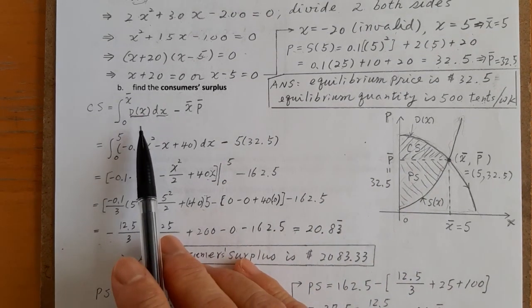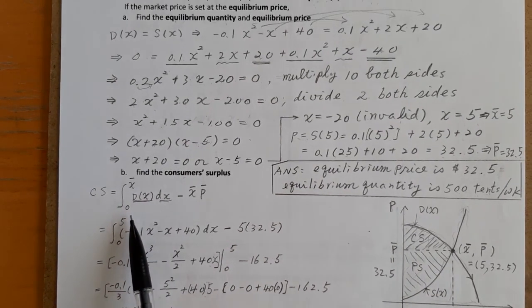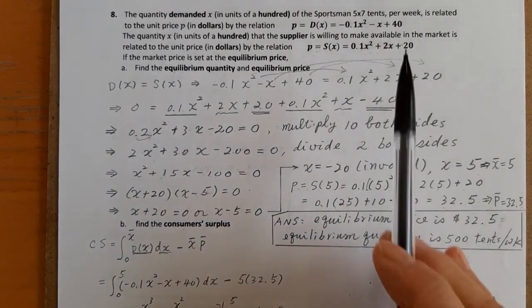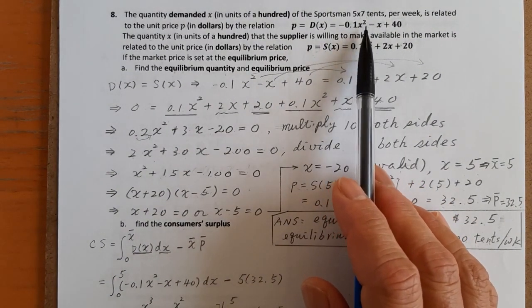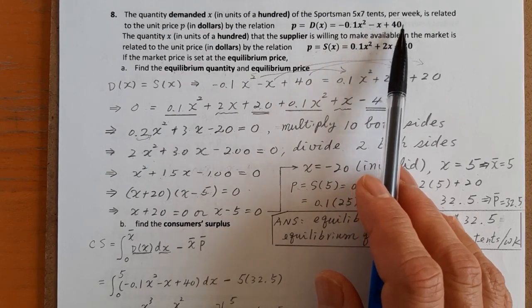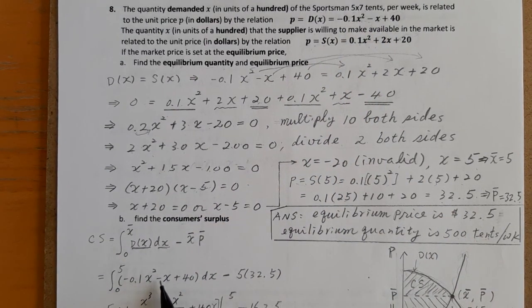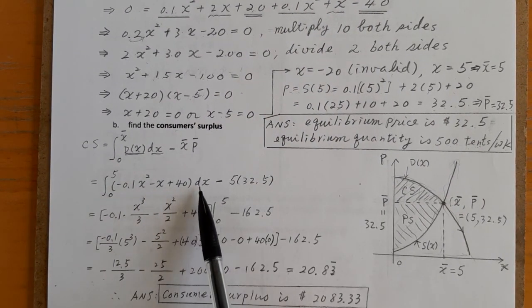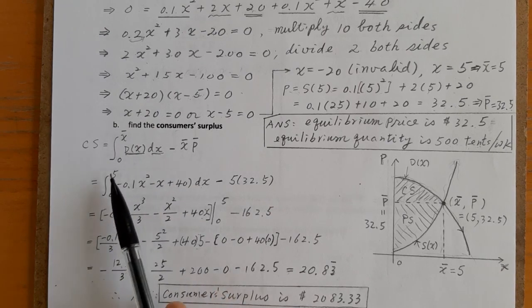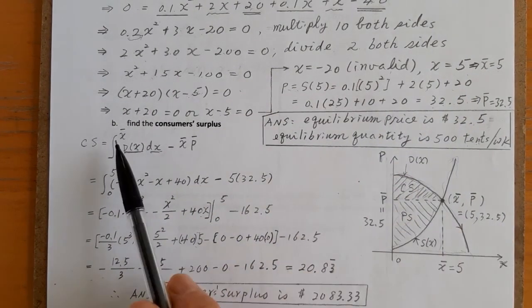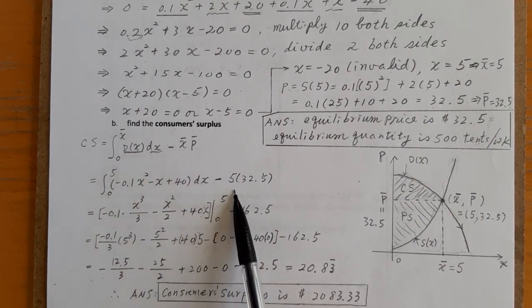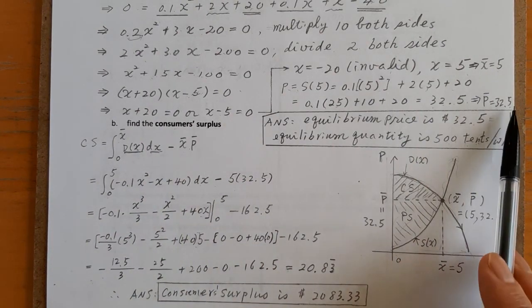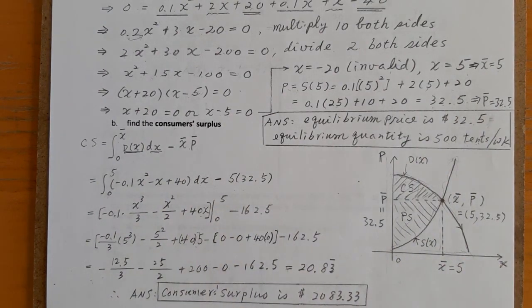So the d of x function is negative 0.1 x squared minus x plus 40, and put it over here, dx, from 0 to x bar, which is 5, minus x bar, which is 5, times p bar, which is 32.5.